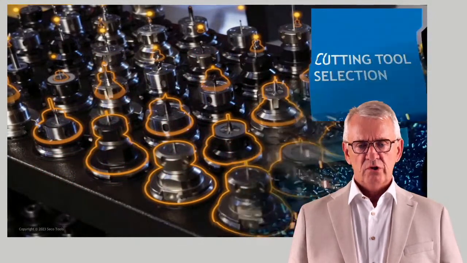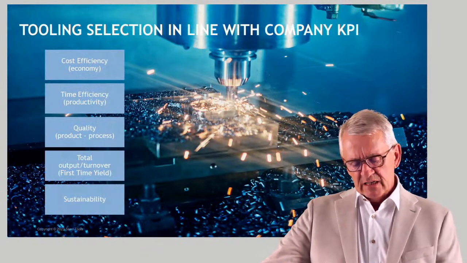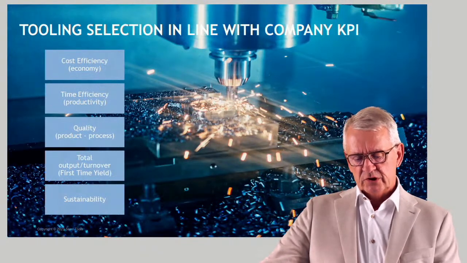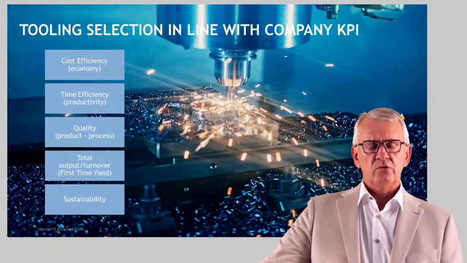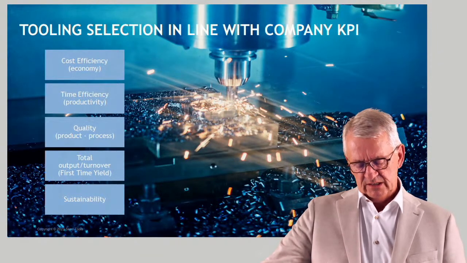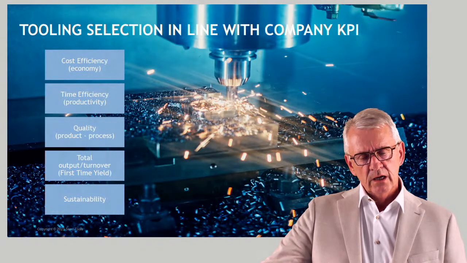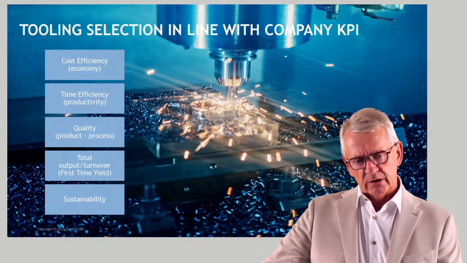Now, a few words on cutting tool selection, because part of the overall picture is, of course, cutting material selection. Cutting tool selection, you know, we have been talking at a previous session about this. Cutting tool selection for me is a management task in a company. At least the big picture.